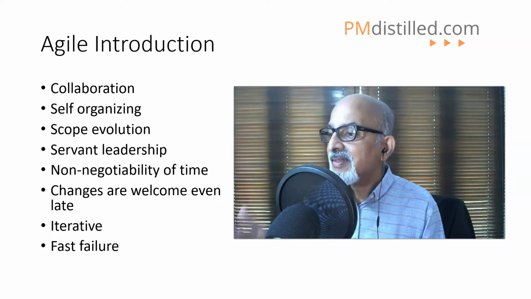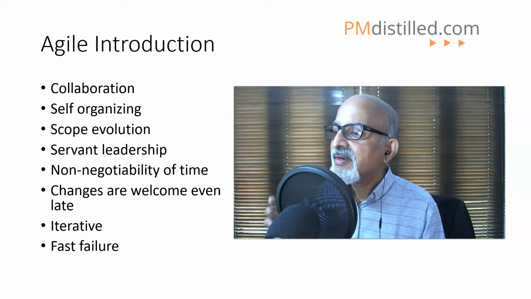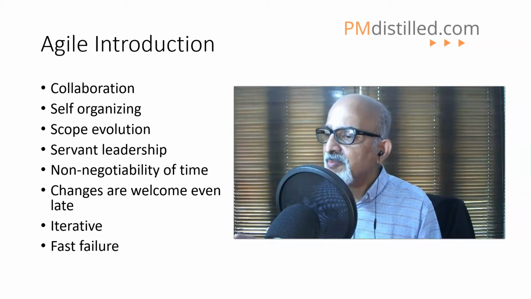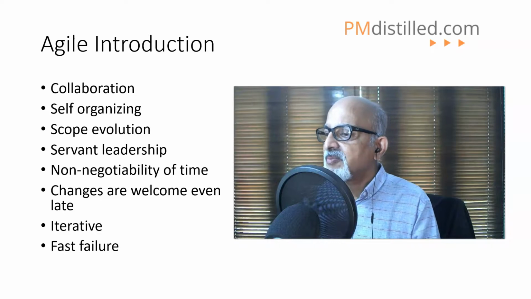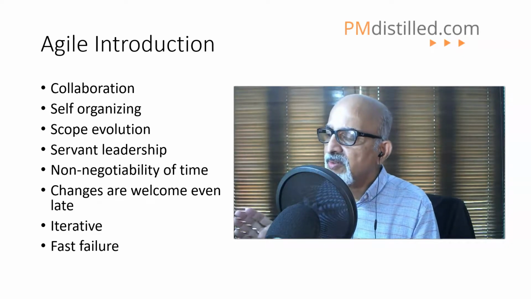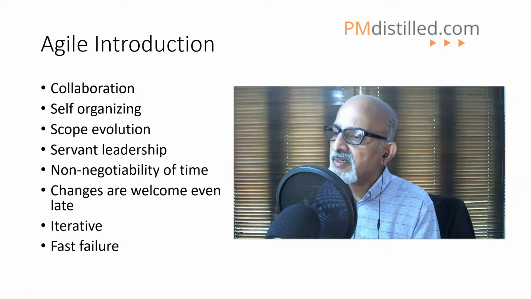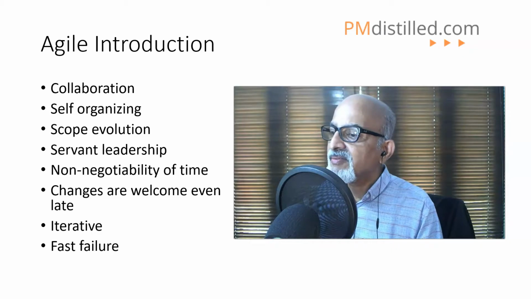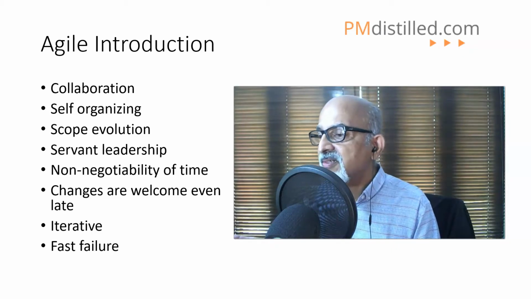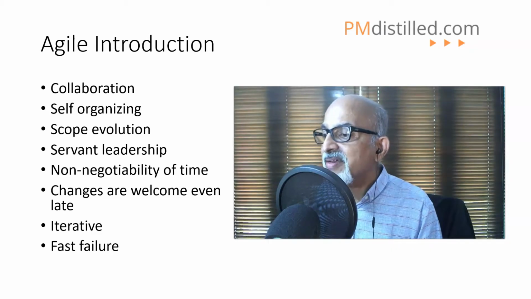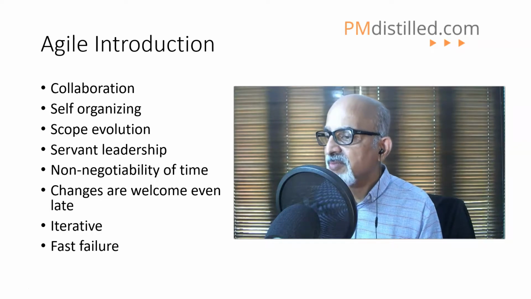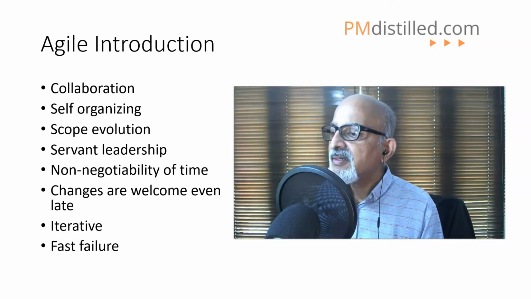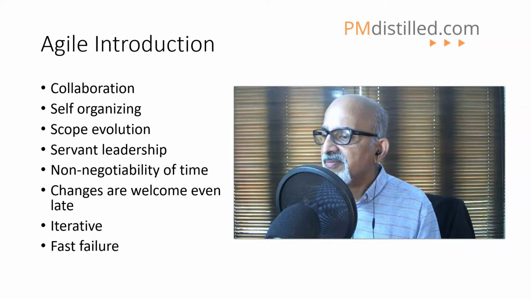So let us learn that without any hangover from the predictive project management, because predictive project management is always good for projects where scope is very clear and the technology is also very clear to the team, and they have done it multiple times in the past, and the domain doesn't allow for change. That means for civil engineering, changes are very expensive.